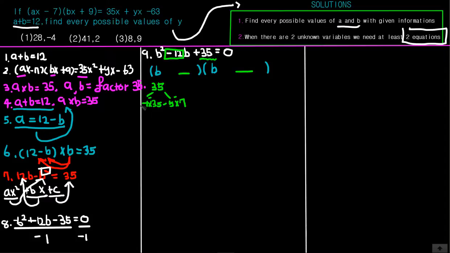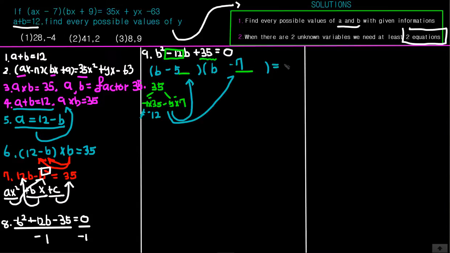Negative 1 plus negative 35 is negative 36, which is not negative 12. But for negative 5 and negative 7, if we add them, it gives us negative 12. So we can input our values into our factors, at first negative 5, and then negative 7.